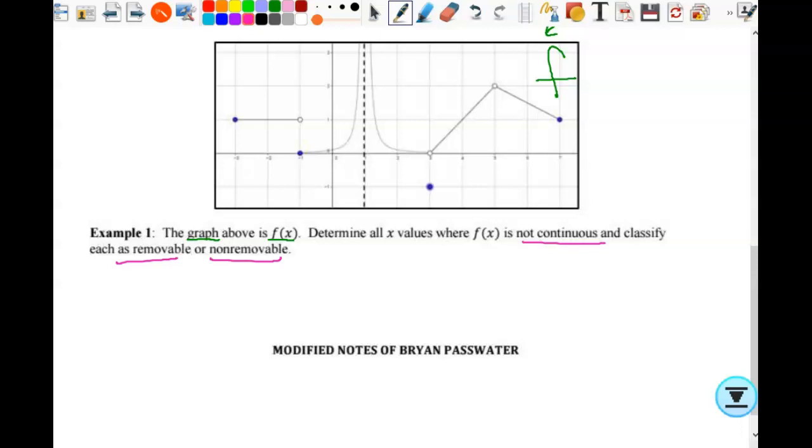And you can say removable at x equals this and x equals that, or however you want to write it, it's fine. Would you agree that there are how many? 4.